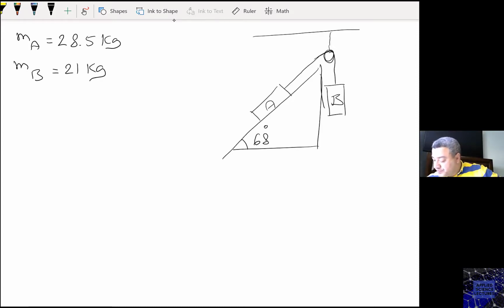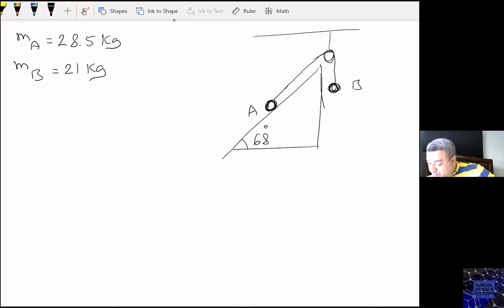So for simplicity, let me replace those boxes with masses like this. So this is B, this is A. So we need to calculate the normal force on A. So let's draw those forces.